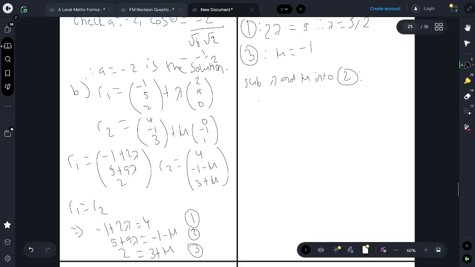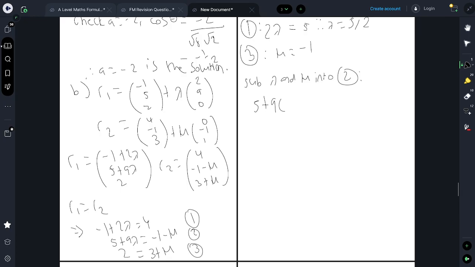So let's try that. It's going to be 5 plus 9 of 5 over 2 equals -1 minus -1. Let's check that. 5 plus 9 of 5 over 2 gets us... what have we gone wrong here?